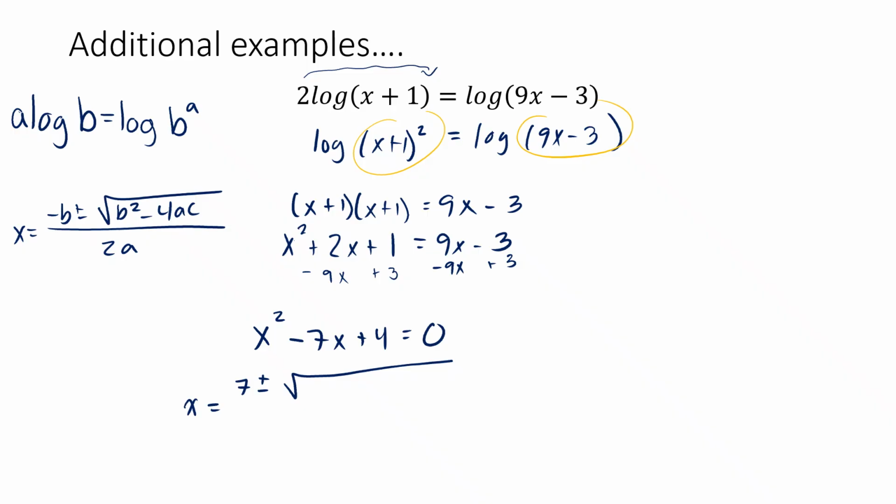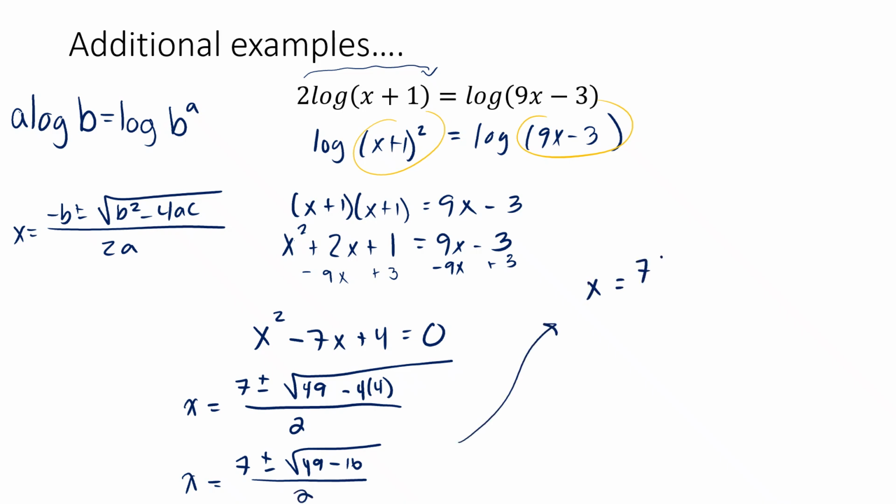Well, -7 times -7 is positive 49, minus 4 times 1 times 4 all over 2a, or 2 times 1. This is 7 plus or minus the square root of 49 minus 16 all over 2.